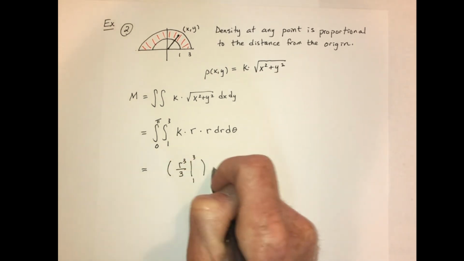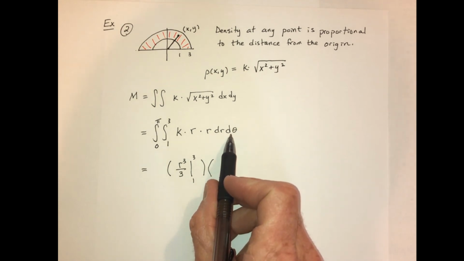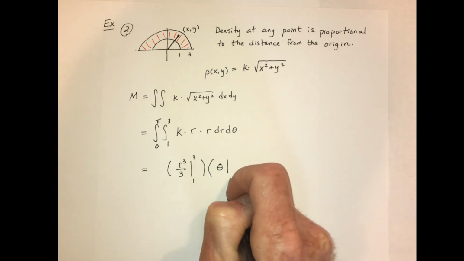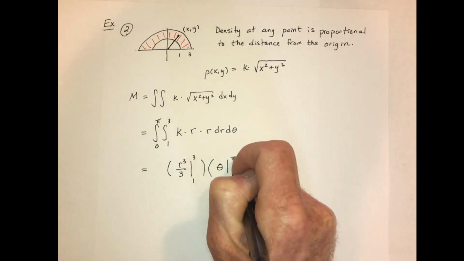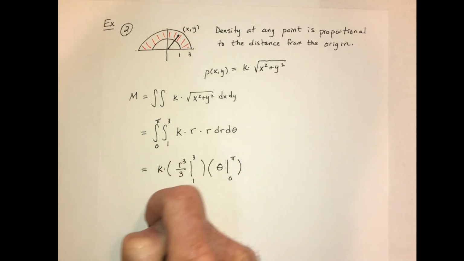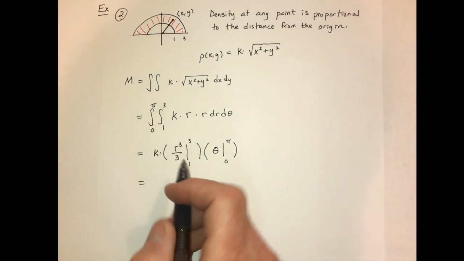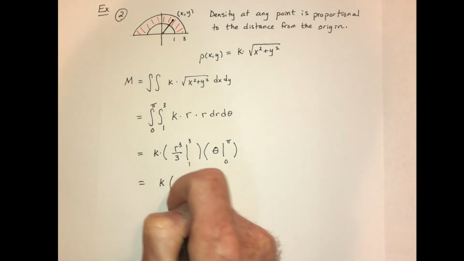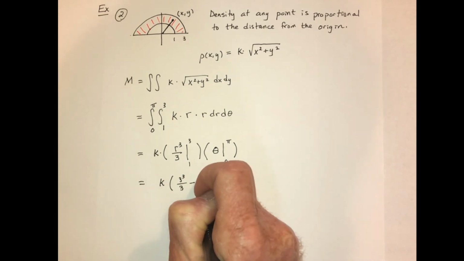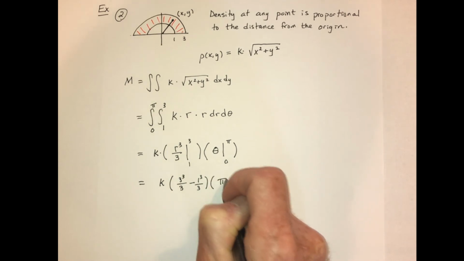And you can save time by doing the other integral at the same time. So it's going to be the antiderivative of d theta, so that's just theta, evaluated from 0 to pi. And don't let me forget this little k right here. So this is going to be 3 cubed over 3 minus 1 cubed over 3, and this will just be pi minus 0.